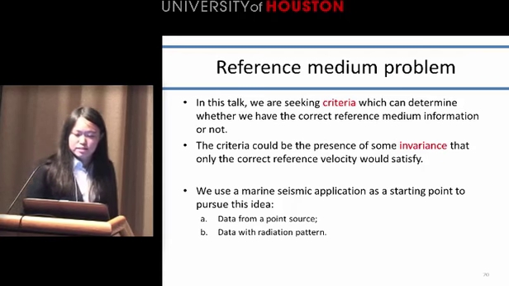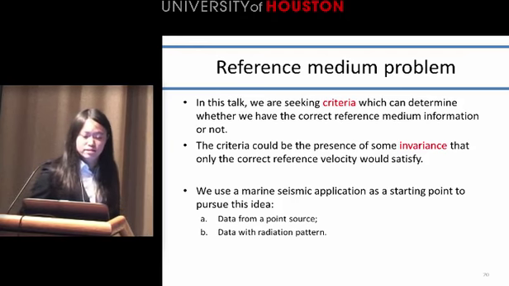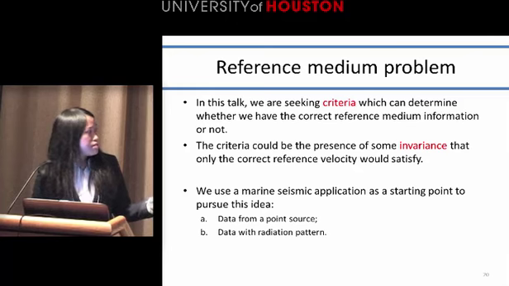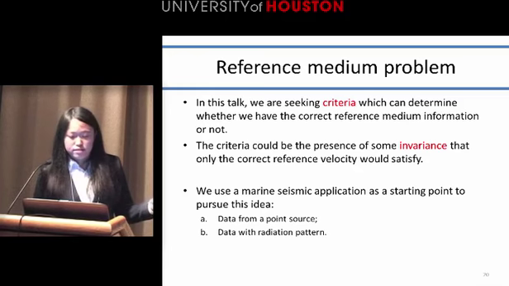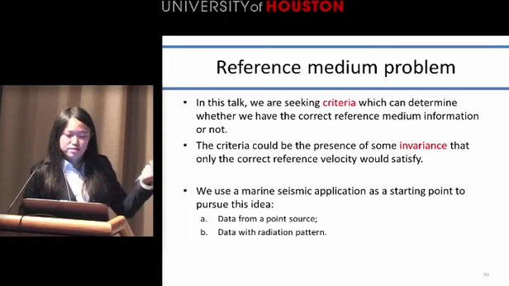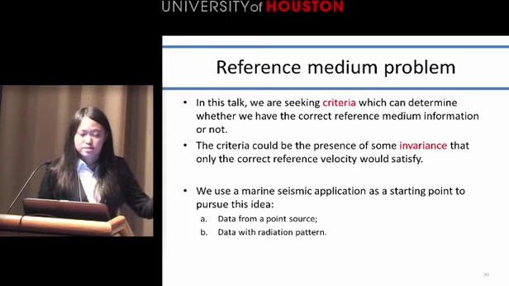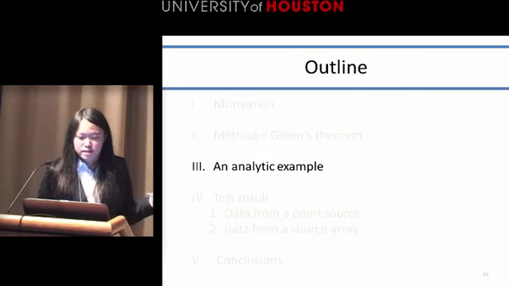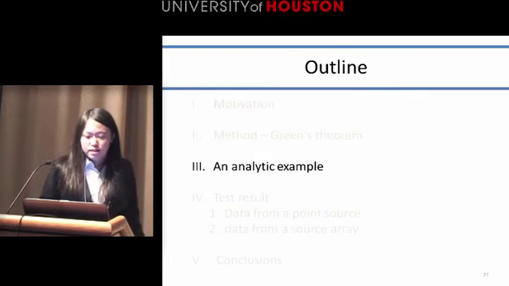So we will illustrate this idea of using invariances to back out the reference medium for two cases, using both data generated from a point source and data that has a radiation pattern. And for data from a point source, I'm going to illustrate the idea from an analytical example.